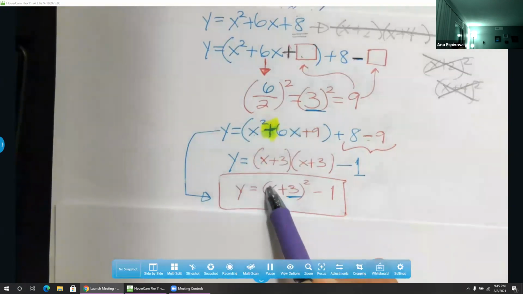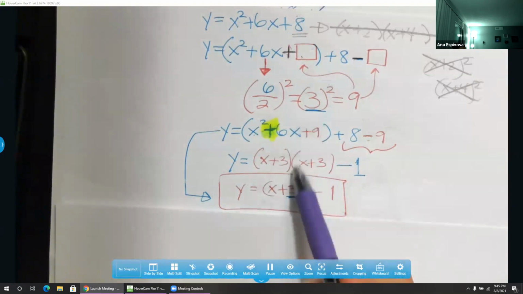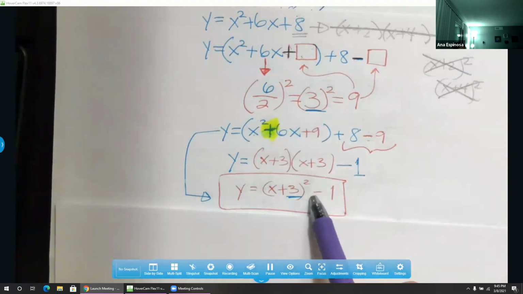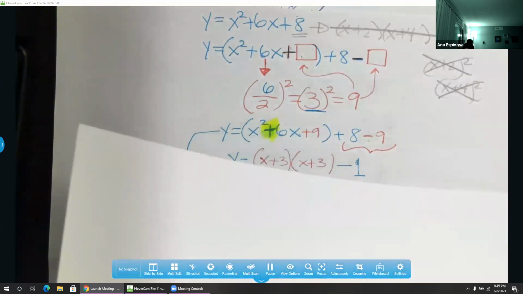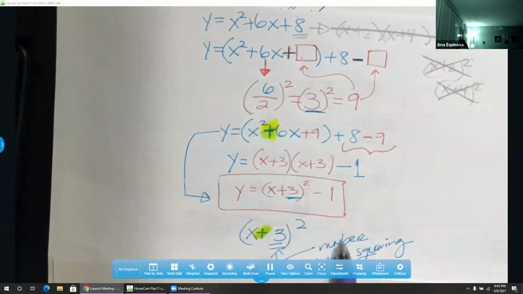You drop the variable, which is your x, and you put the number before you squared, which is a positive 3. You square, and then you do the math on the side. And that is completing the square. So that number, that positive 3, is the number before squaring.